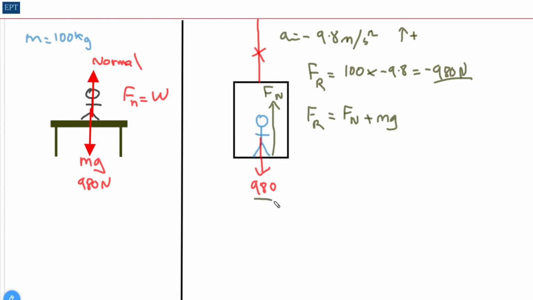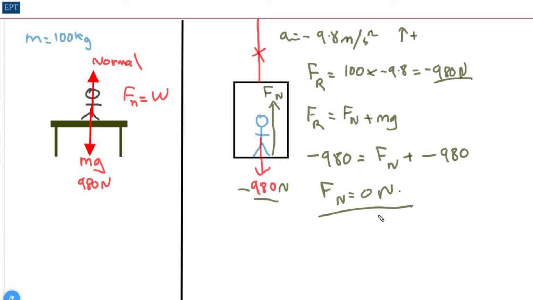Now remember, this mg is negative, and of course, it's in newtons. So let's put in the numbers. The resultant force is minus 980. Fn is what we're trying to find. Add to that mg, but remember it's negative. When we rearrange that, we will see that the normal force from the floor, the normal force pushing upwards, is going to be 0 newtons.